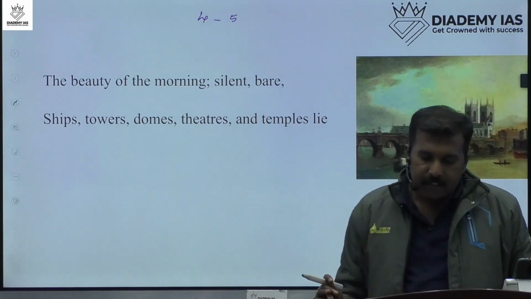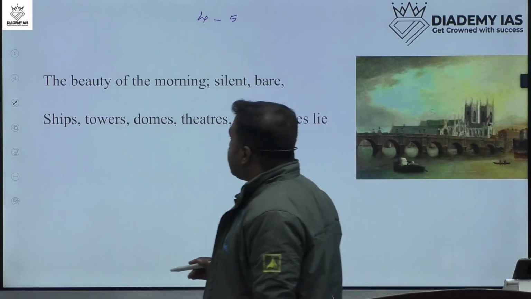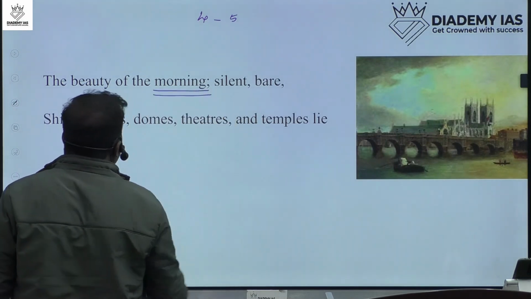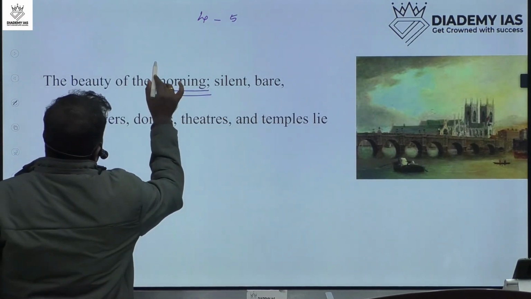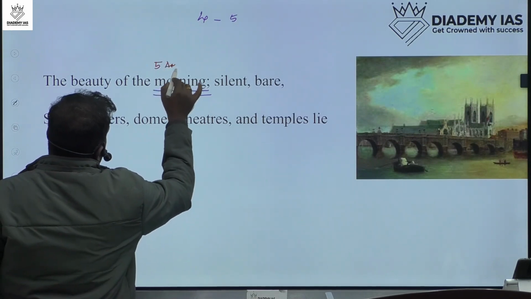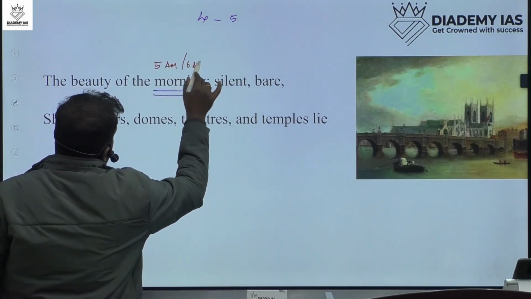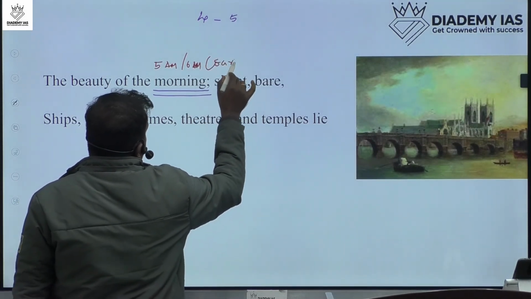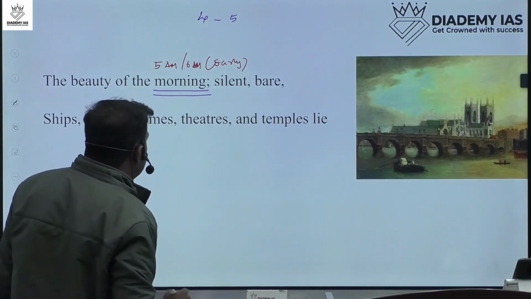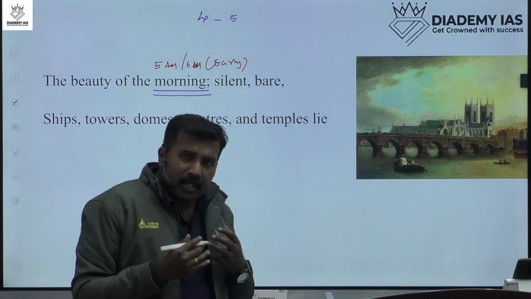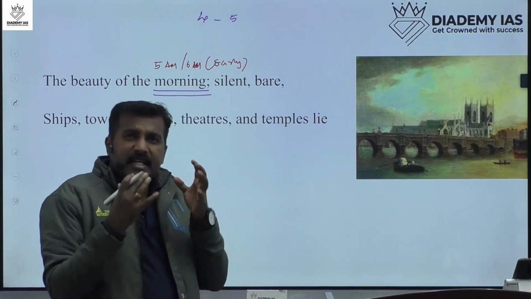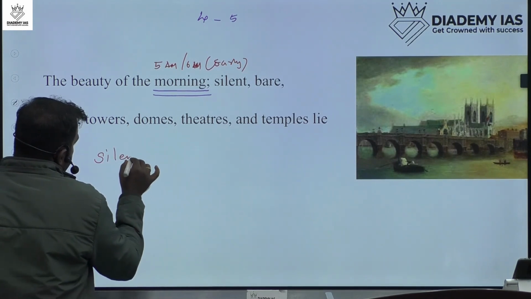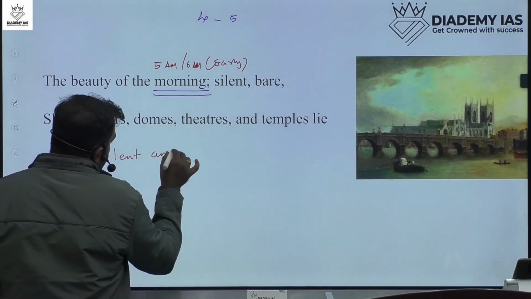So let's discuss. Here it means the beauty of the morning. The morning time is 5 a.m. or 6 a.m., early morning. And in this early morning time, the city looks silent and beautiful.